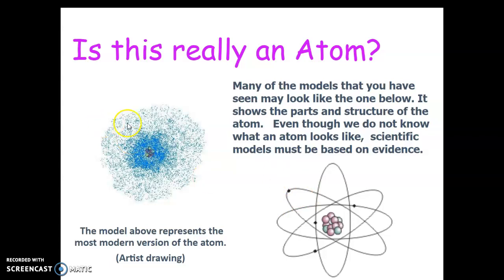Okay, the model over here represents the modern version of the model. It's an artistic drawing. We know there's a lot more going on now than when the scientists came up with this model that we still use in our textbooks. And if I ask you to draw the model of an atom, I would accept something like this. But this is showing something a little more accurate.